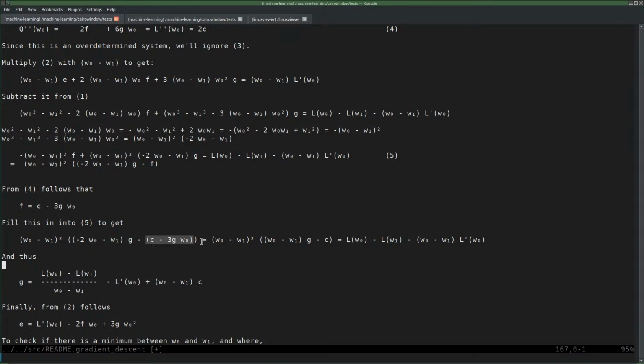Okay, so we're filling it into 5. So in the end we get equals that. Minus times that's the same thing, and this is then rewritten as that, I suppose.